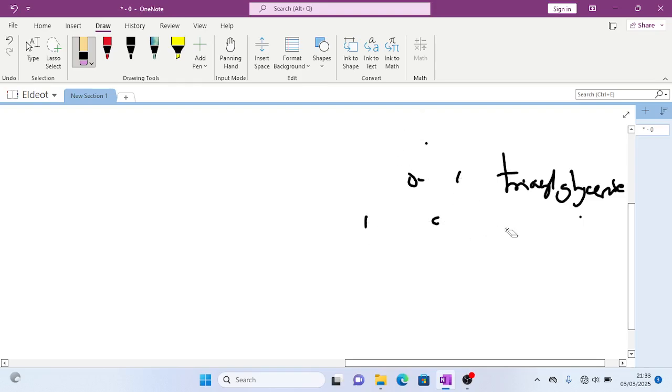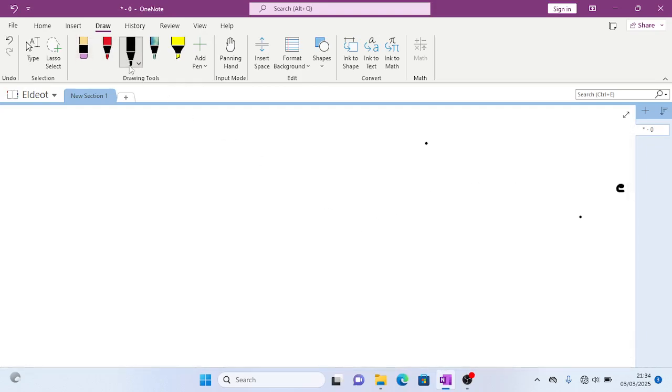Yeah, so this is the structure of dihydroxyacetone phosphate. You have dihydroxy. This is the first hydroxyl group.